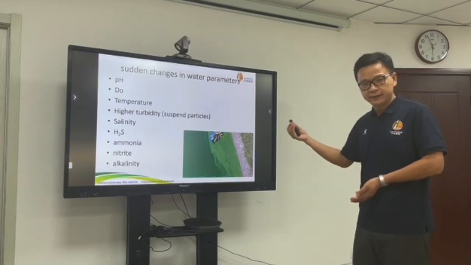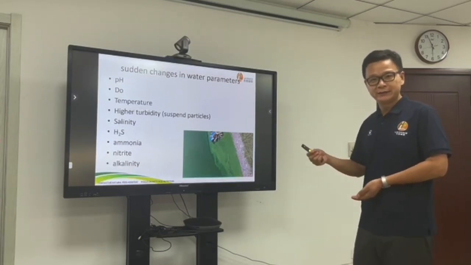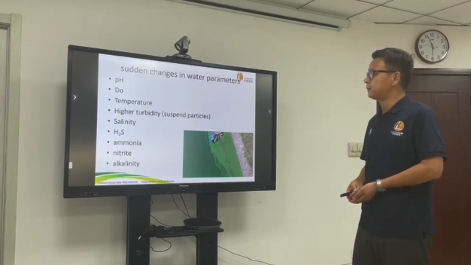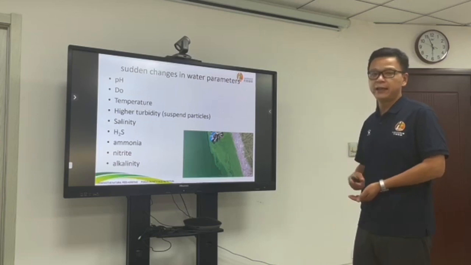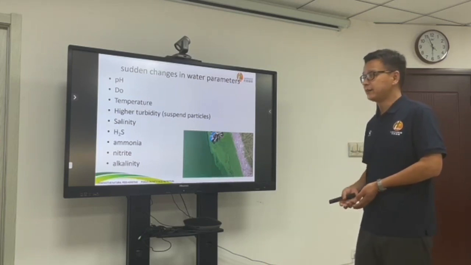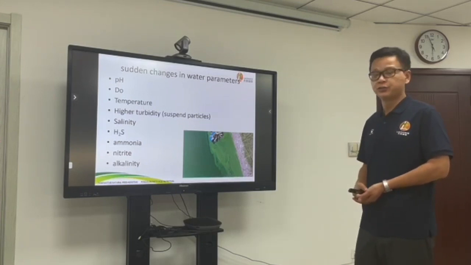In a day, the pH will vary a lot, from 8 to 9.6 and 9.7. Once the pH is above 9, it will definitely stress the shrimp. Then the pathogens will infect your shrimp.